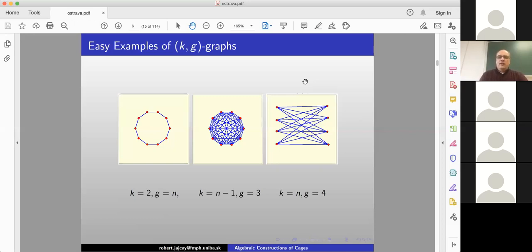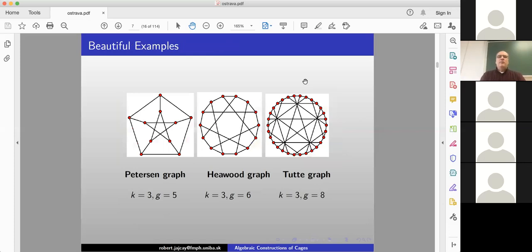Okay, so here are three easy examples. I'm not after these. This is just to give you an idea what some of these graphs look like. I'll be after beautiful examples, and I will list some. There are many beautiful examples of cages, but here are some that I will try to start off from.